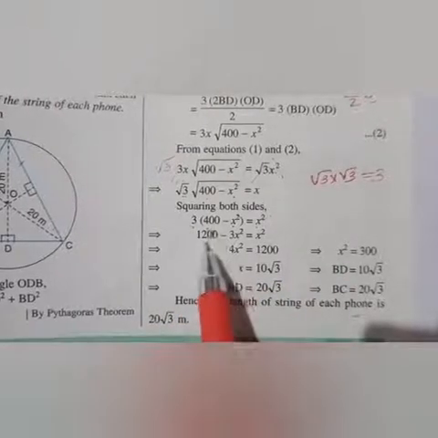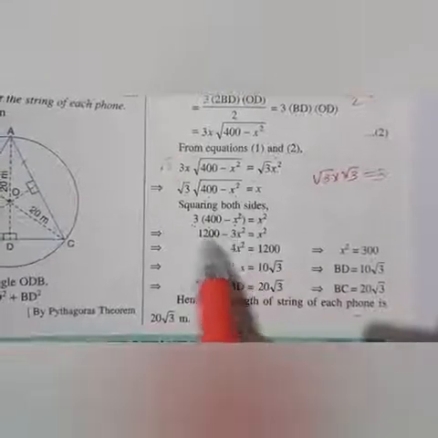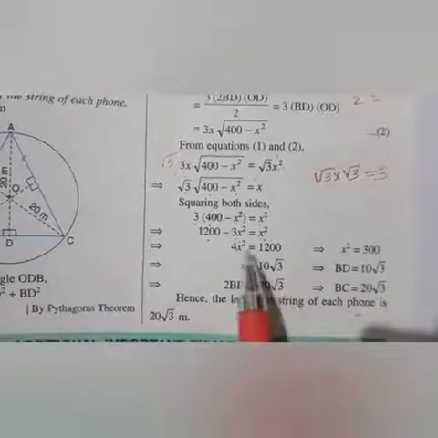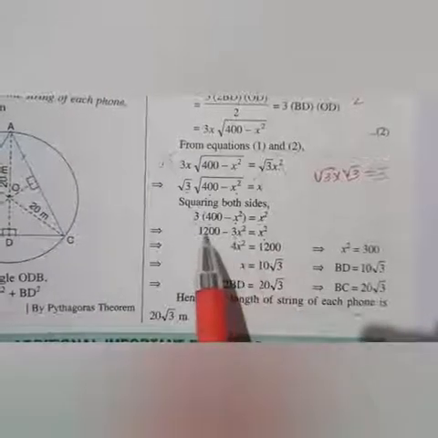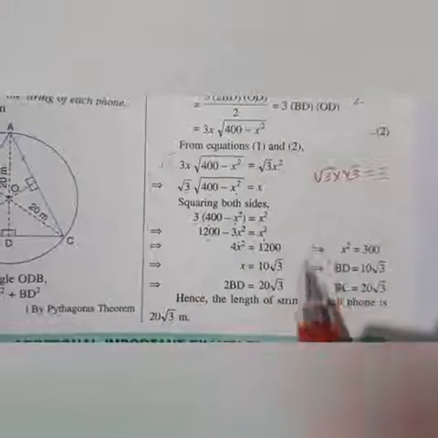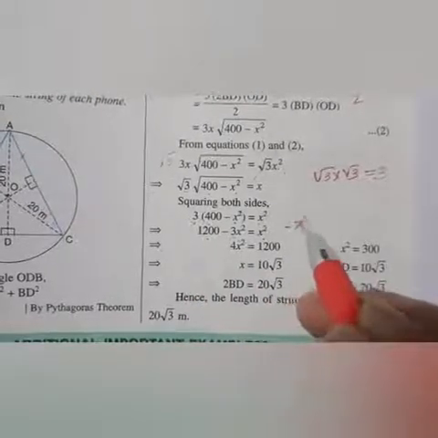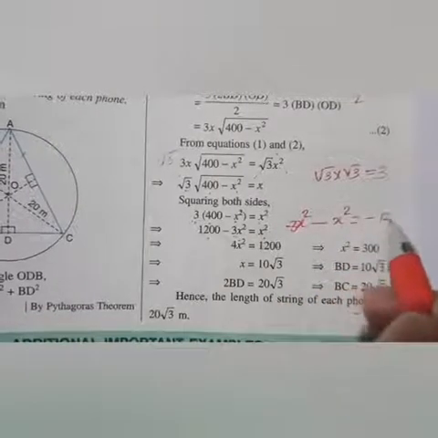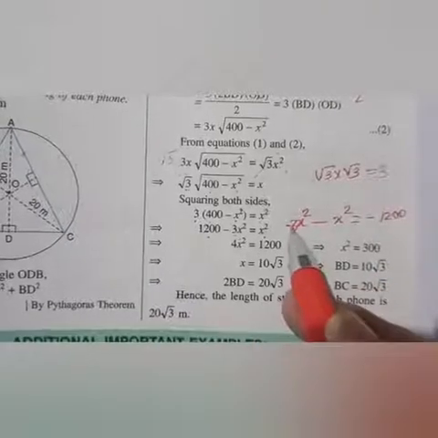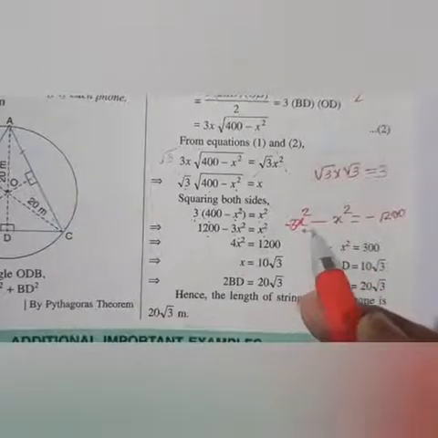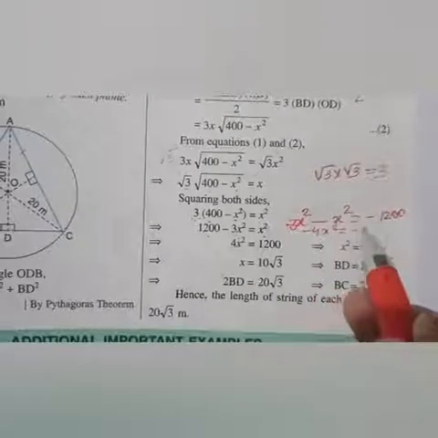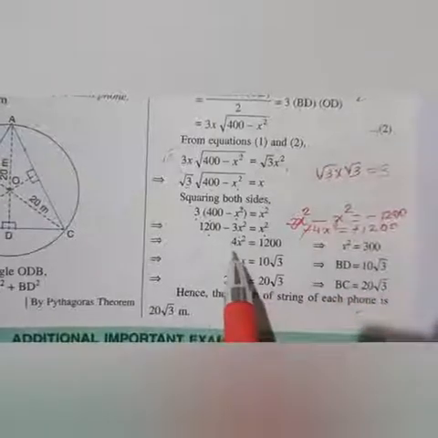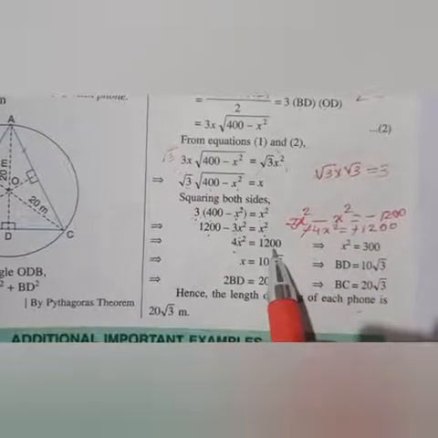Now 3 into 400 we get 1200 minus 3x square equal to x square. Now transpose x square to this side and 1200 to this side. That is minus 3x square minus x square is equal to minus 1200. Then minus 4x square is equal to minus 1200. Now we can cut these minus, so we get 4x square is equal to 1200.